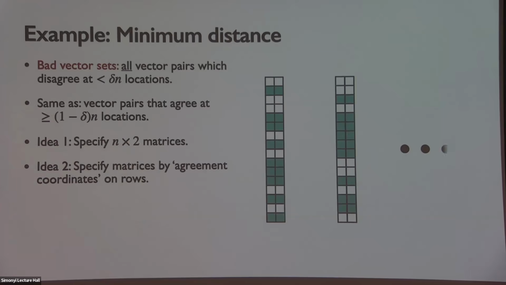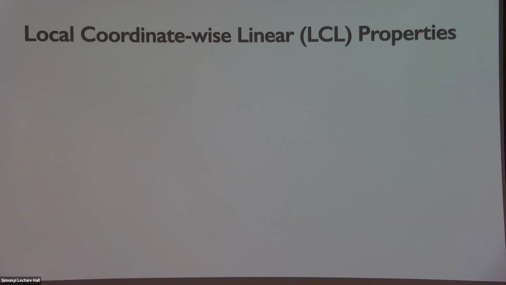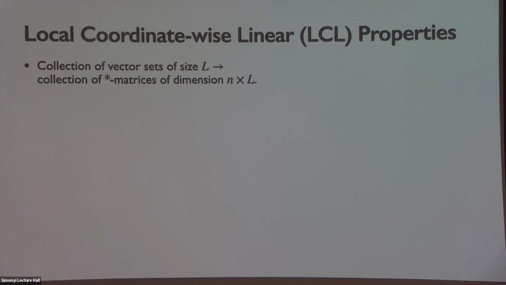So now I'm going to have it for all such ways I can choose 1 minus delta n locations. And now I'm going to define LCL properties formally in this slide, where I'm going to do a similar thing as before.